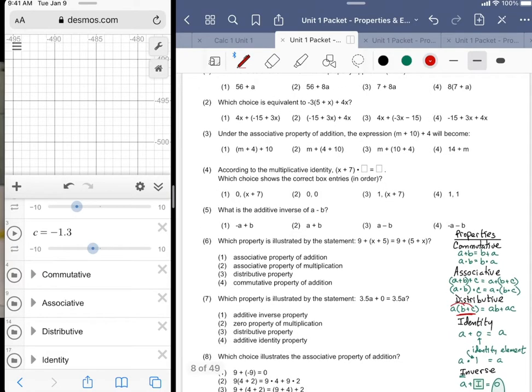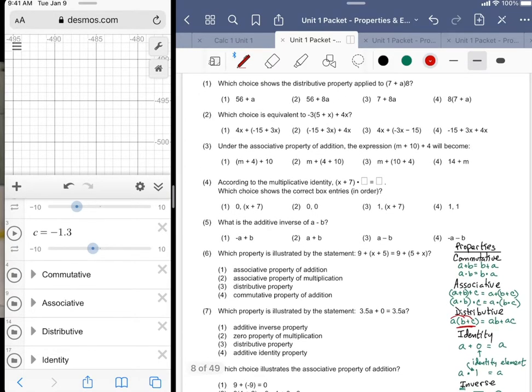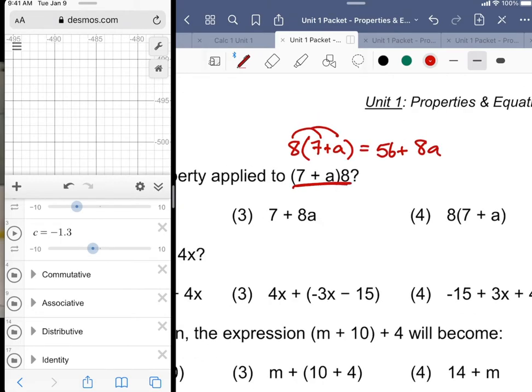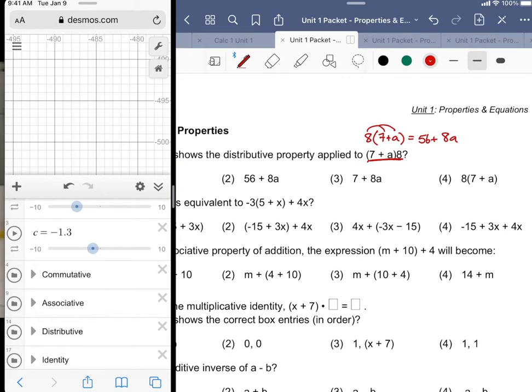It's another thing to know what that rule is telling you. So it's asking us, well, which choice shows the distributive property? Well, first off, I'm not in love with the way this is written. So I'm going to write this, because of the commutative property of multiplication, as 8 parentheses 7 plus A, and then distribute the 8. 8 times 7, 56, plus 8A. All right, so that would be choice 2.